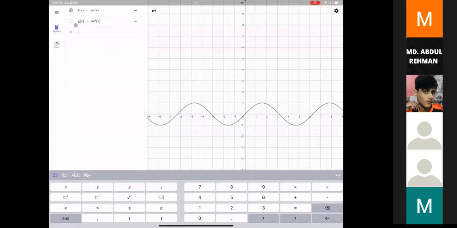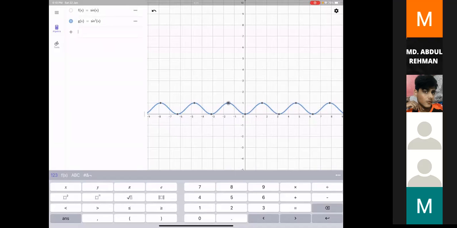This blue color, this whole cycle, is one cycle complete, because from here again it repeats the pattern. Its period is how much? Half. Period is half means frequency is double, right?